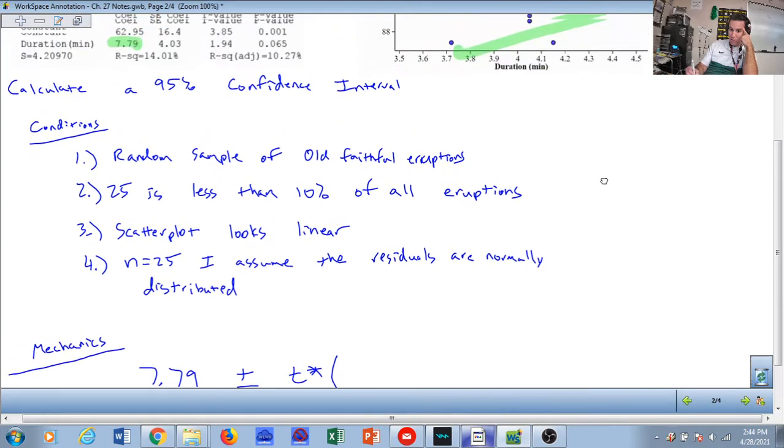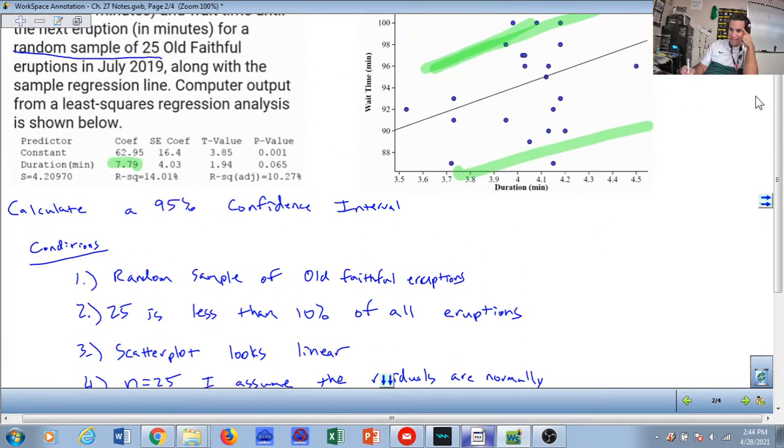Here's what I wanted to show you that we ignored before. Oh my gosh, you're going to be so excited. Look, the standard error of the slope is the one that's next to the slope. So this is the other number we need to do a confidence interval, the standard error. That's why I told you, you're probably never going to have to use that formula. They probably already did it for you when they gave you the printout.